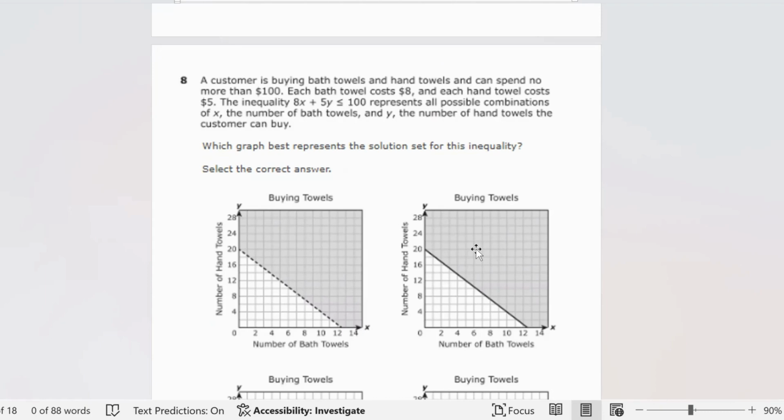A customer is buying bath towels and hand towels. Okay, there are two things. Bath and hand towel, and can spend no more than $100. So these two must be not more than $100, or equal to $100.